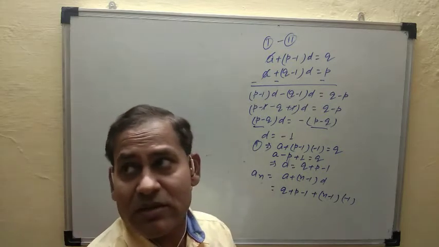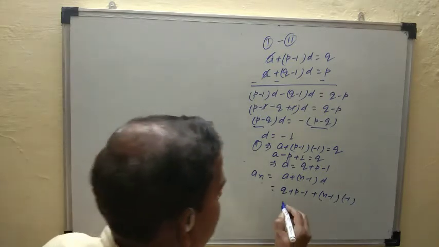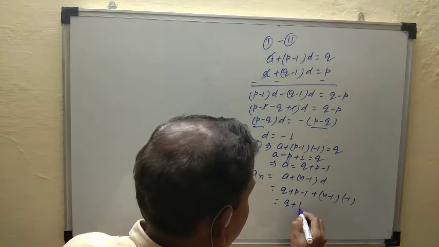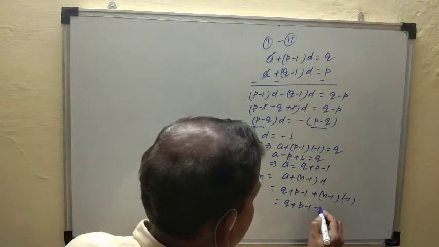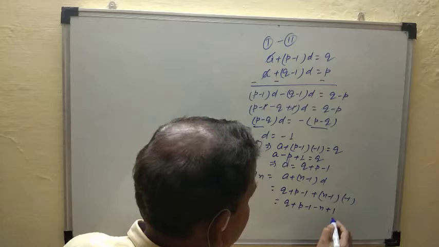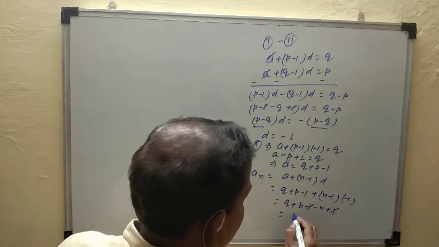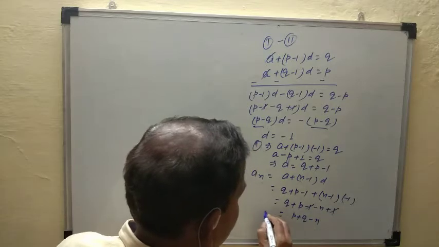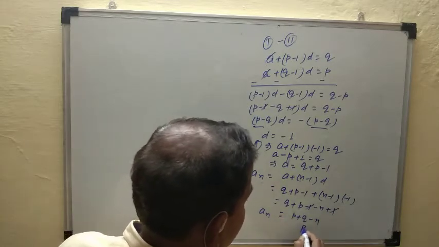Now open the bracket and simplify. So Q plus P minus 1, then minus n, minus minus plus 1, this cancels. So this becomes P plus Q minus n, this is the nth term, hence proved.